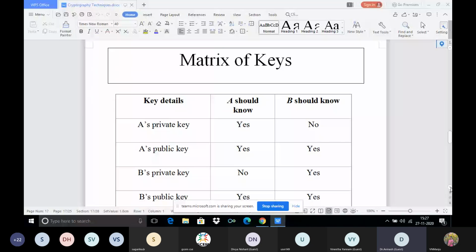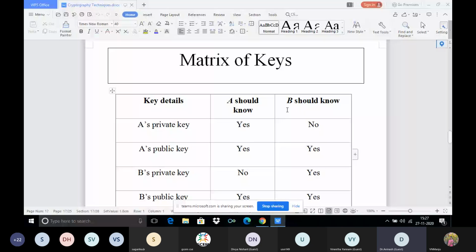This is the matrix of keys. Here the key details, A should know and B should know. When it is A's private key, A knows it. So A should know: yes, B should know: no, because it is A's private key. But when it is A's public key, then A should know yes and B should know yes.